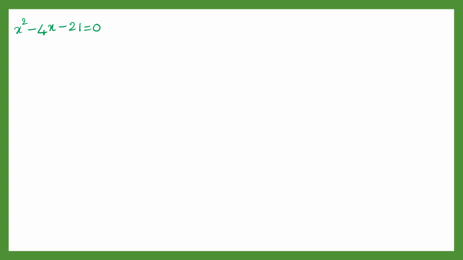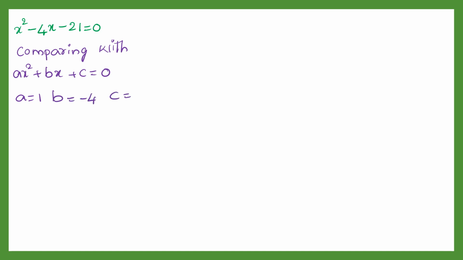Let's compare this with the general form of quadratic equation, which is ax square plus bx plus c is equal to 0. We get a is equal to 1, b is equal to minus 4, c is equal to minus 21. We need to find roots. Let's use quadratic formula. Before that, let's find the discriminant.